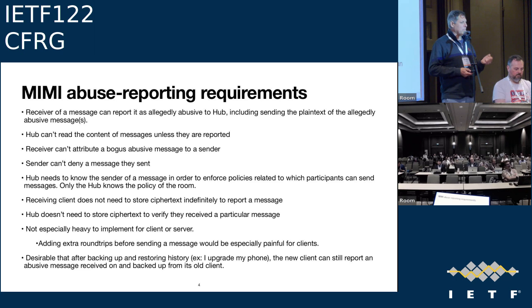The hub needs to know the sender of the message in order to enforce policies, because sometimes a message would only be allowed to be sent in a particular context. But we can't rely on that happening at, for example, the local provider, because the local provider doesn't even know the participants of the room and certainly doesn't know the policy in the room.